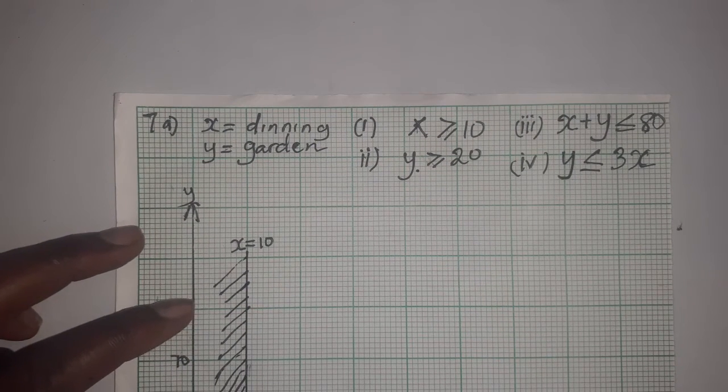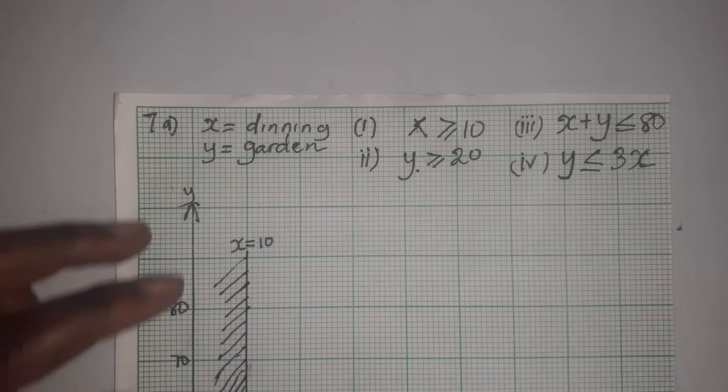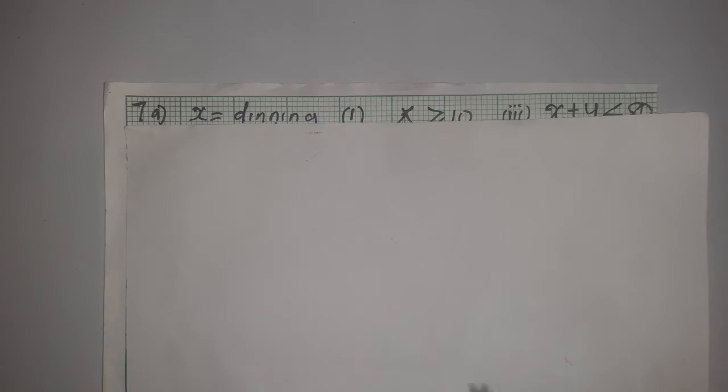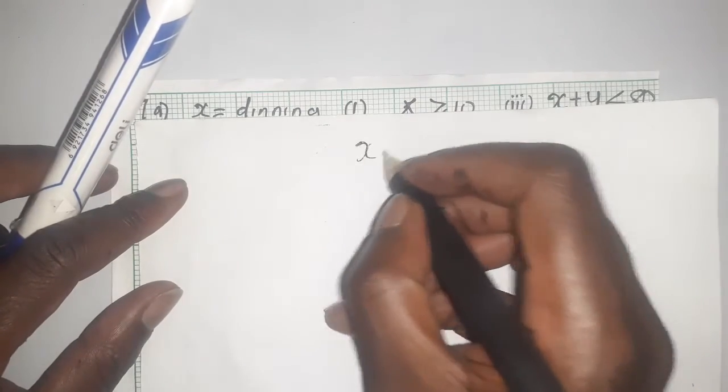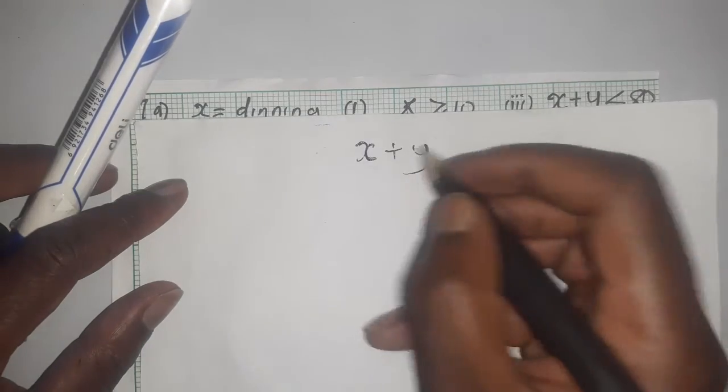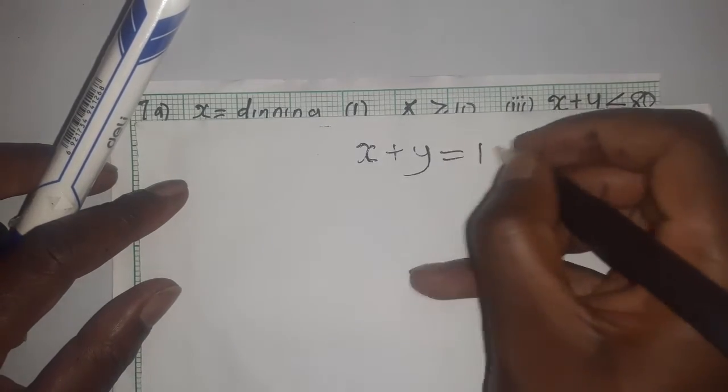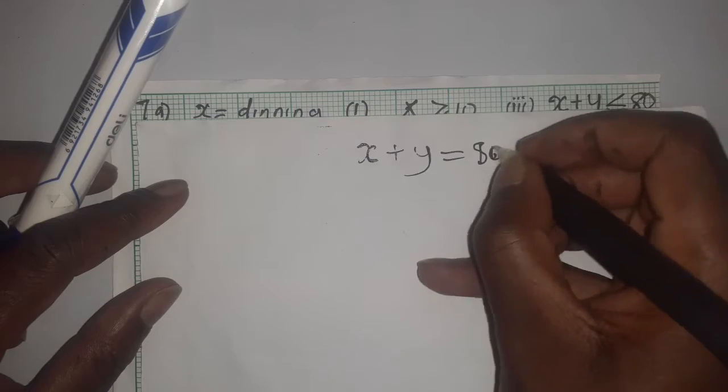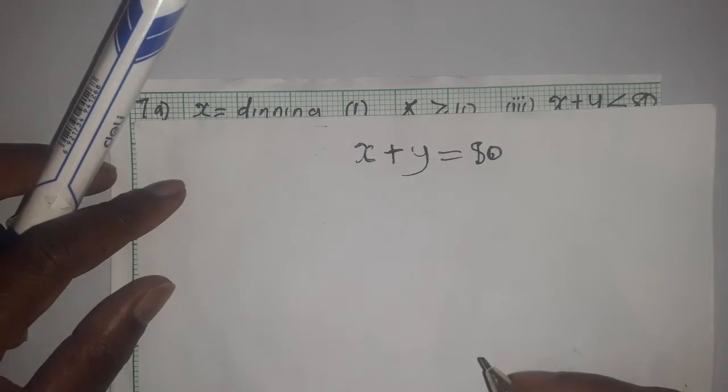We have what? We have two variables. So I have guided that in an equation where you've got two variables like this one, what do we have? We have x plus y equals 80 in terms of an equation.